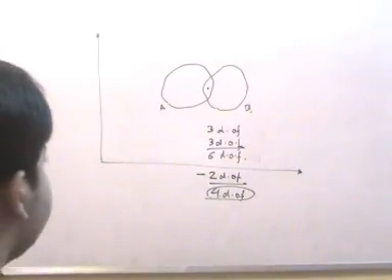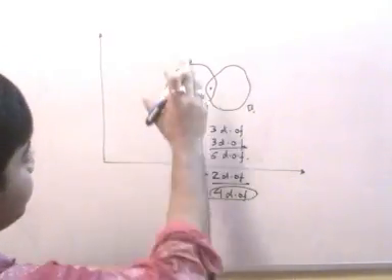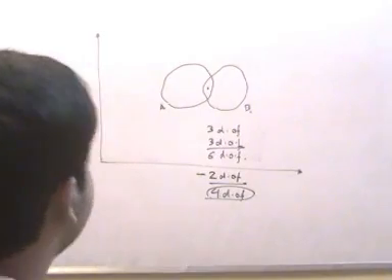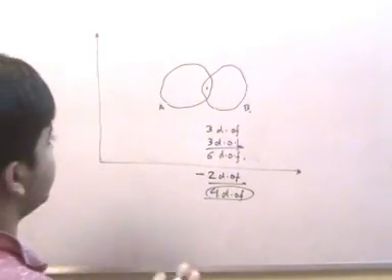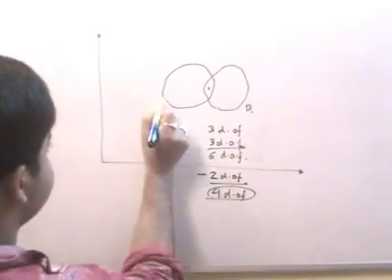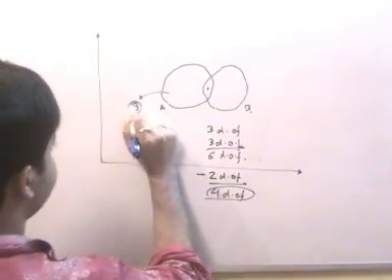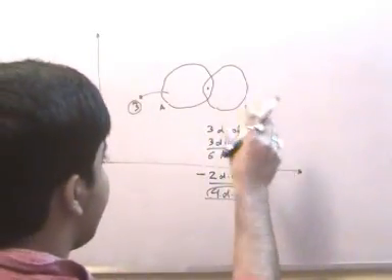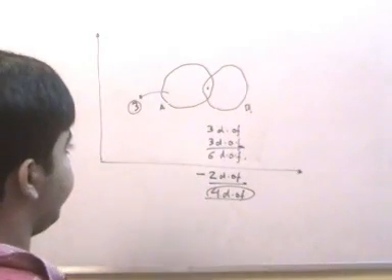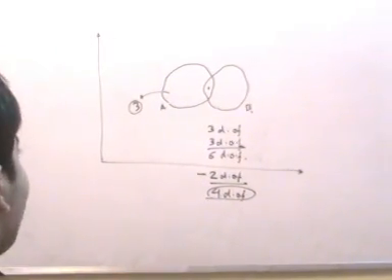Now we can do it by another method also. For example, A will have 3 degrees of freedom, no doubt about it. Now if I have B and pin it up with A, then B cannot move freely.